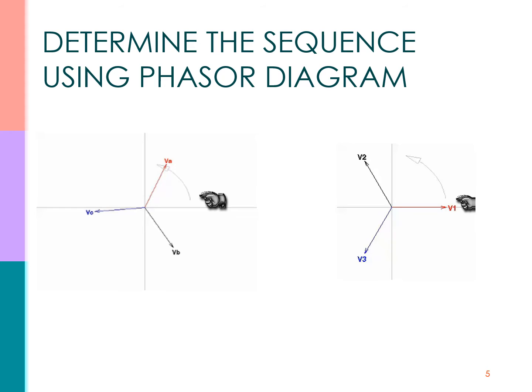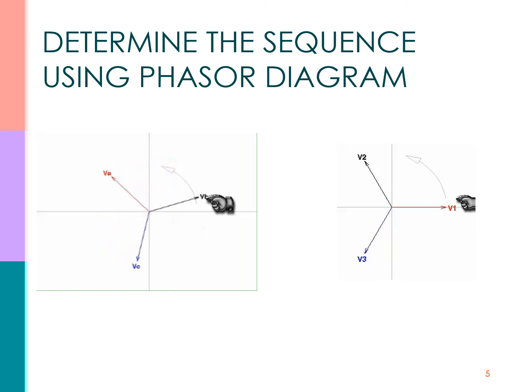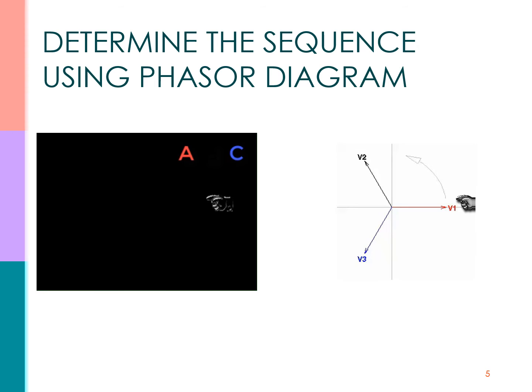This animation will show you how to determine the sequence using a phasor diagram. Let me start with this sequence. As you can see, as the rotor rotates, the sequence is A, then B, then C. This is called an ABC sequence or a positive sequence.